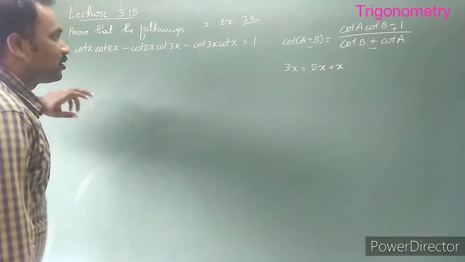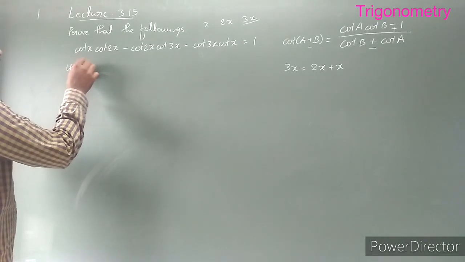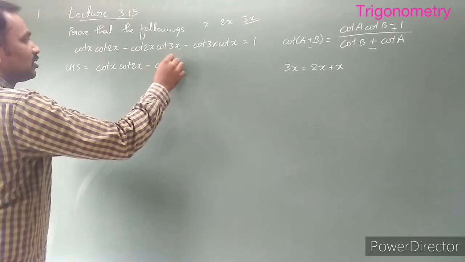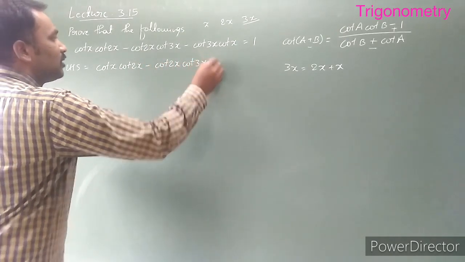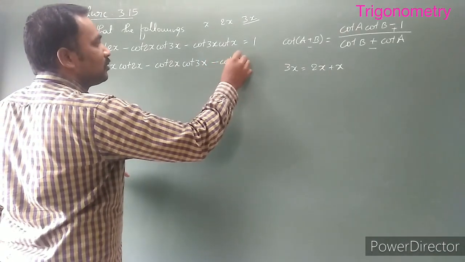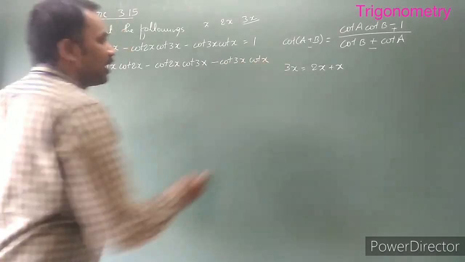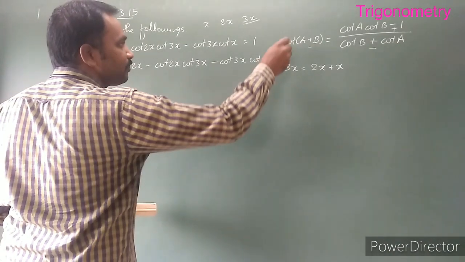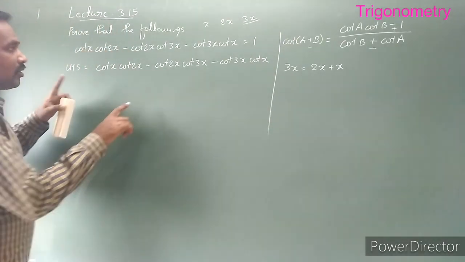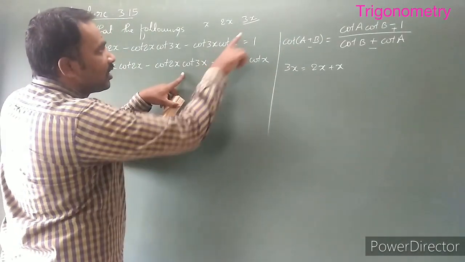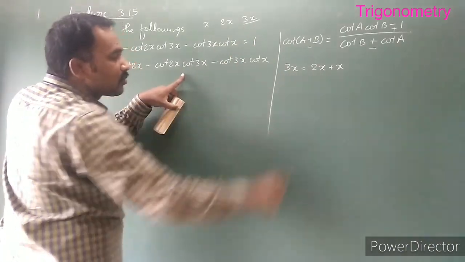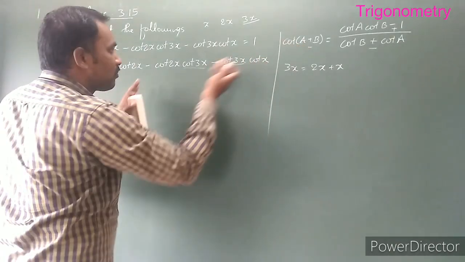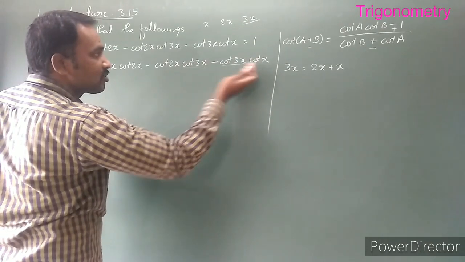So before going to simplify, consider the LHS. LHS is equal to cot x cot 2x minus cot 2x cot 3x minus cot 3x cot x. Here I split this one. Instead of writing the formula twice, I just take cot 3x common from these two terms.